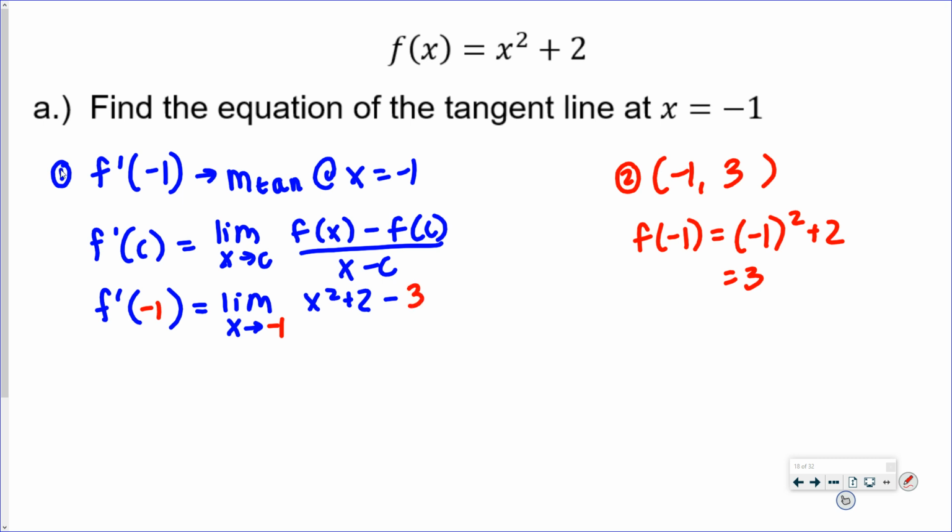F of c is 3. That's what we just found over here, f of -1. All over x minus c. All right, so I get x squared minus 1 over x plus 1.